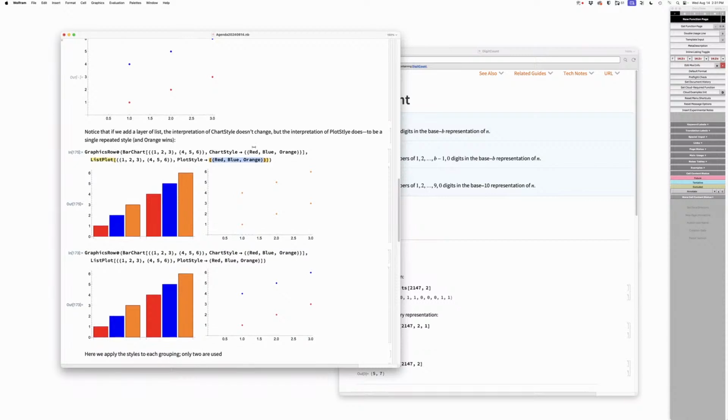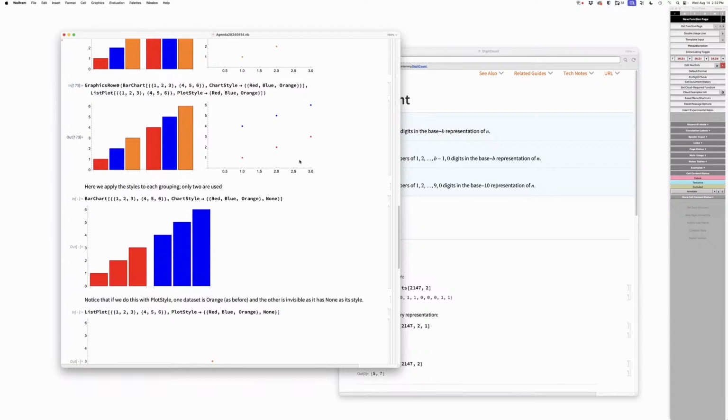It's a length 2 list with an inner thing. By default, chart style, when there's lists of lists, as if it needs to fill in, it's filling nones to the left, essentially, by default. Yeah.